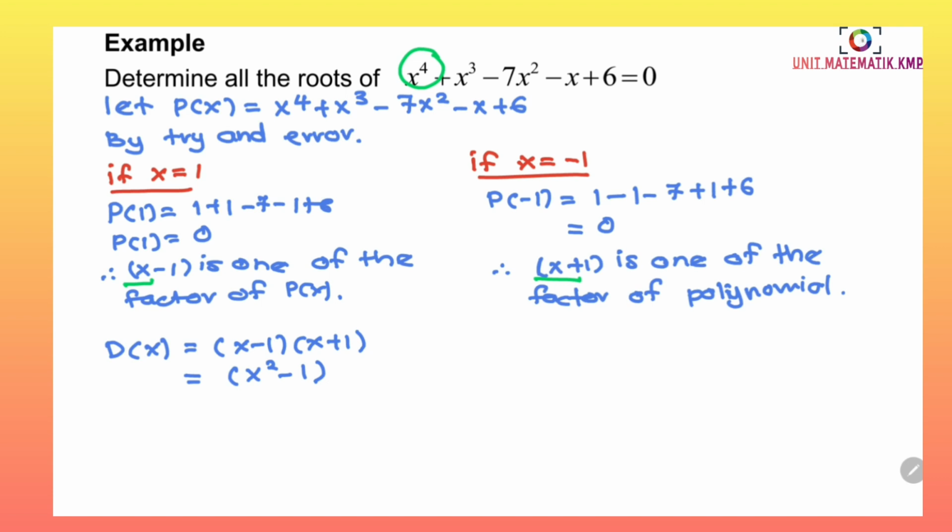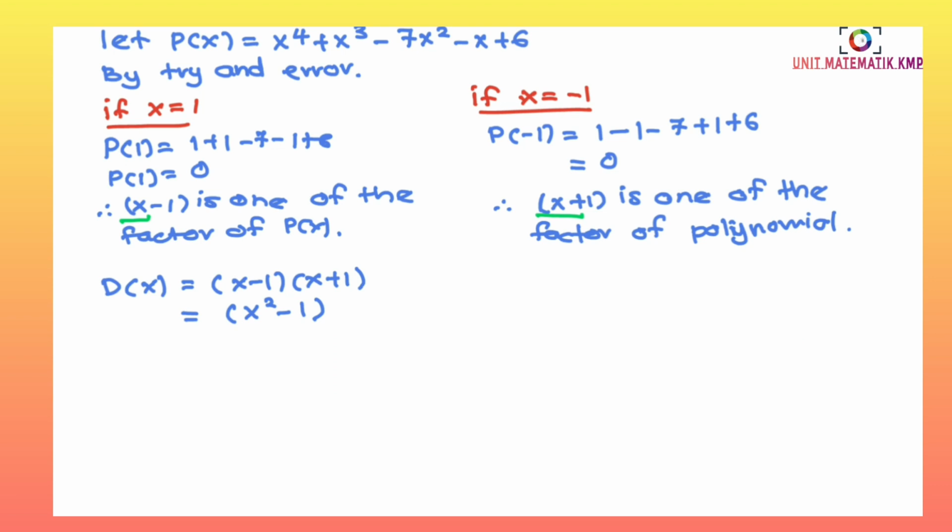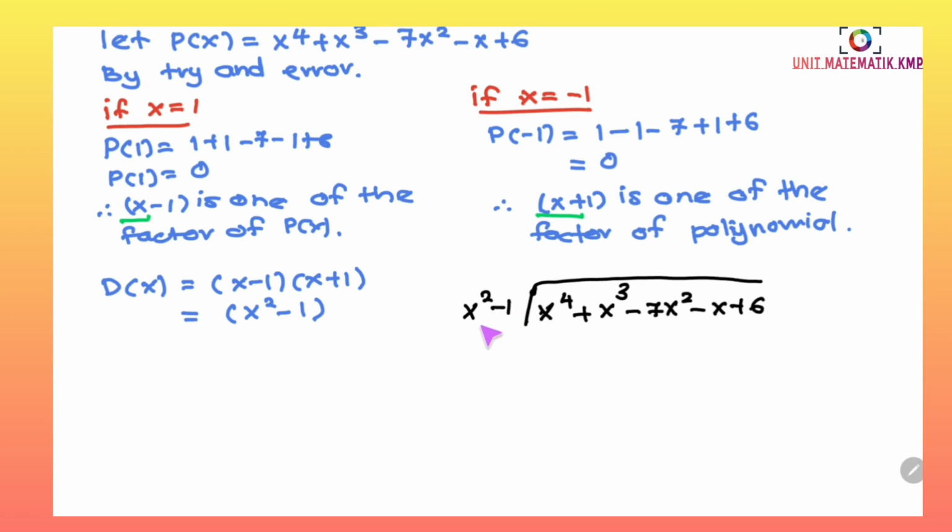Okay, so next proceed with long division. x power 4 plus x power 3 minus 7x squared minus x plus 6, divide by x squared minus 1.